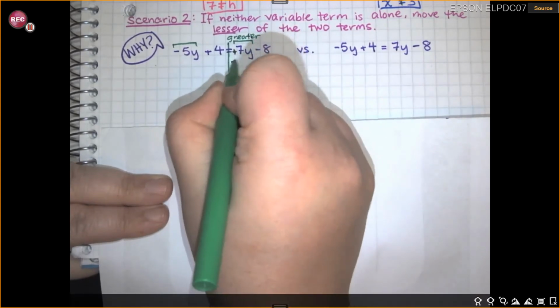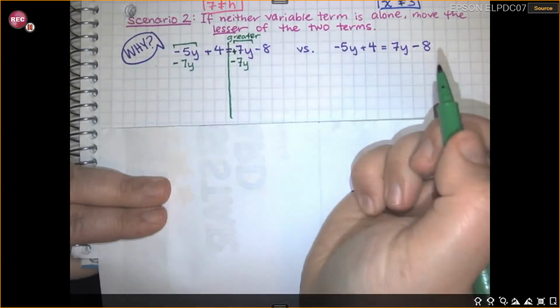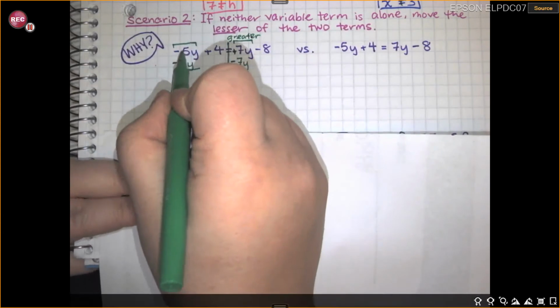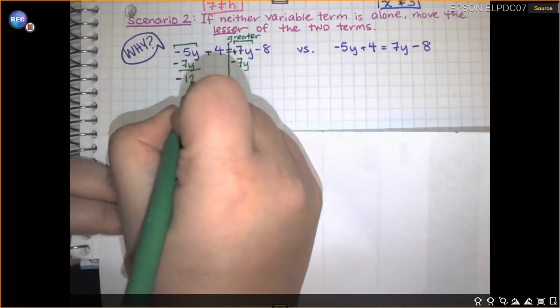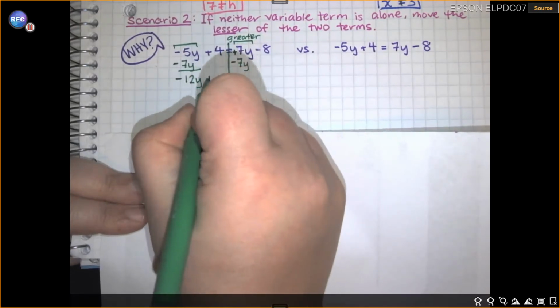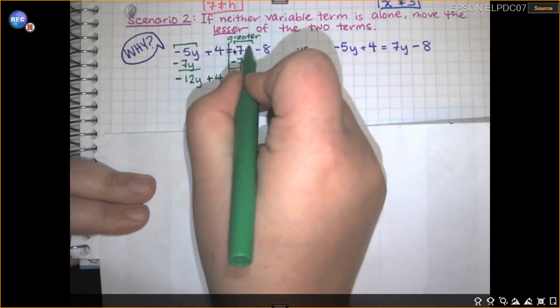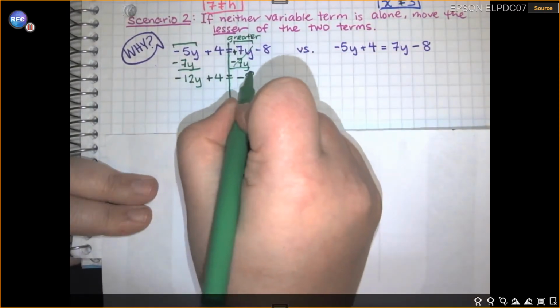We do the opposite and do minus 7y, minus 7y. Okay, so we have negative 5 minus 7. That's negative 12y. Plus 4, because that's still there, equals, here, that's gone. And the only thing that's left is negative 8.